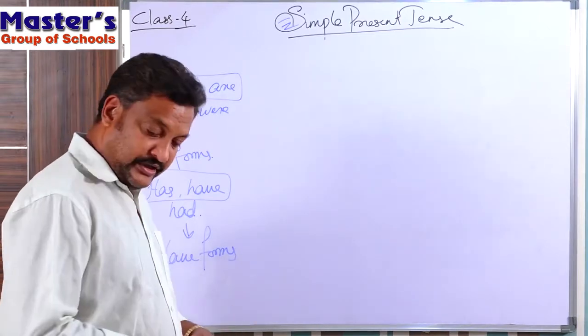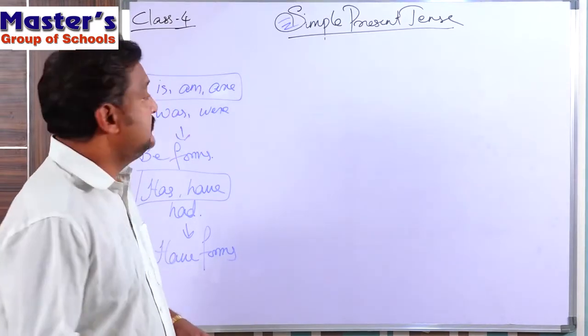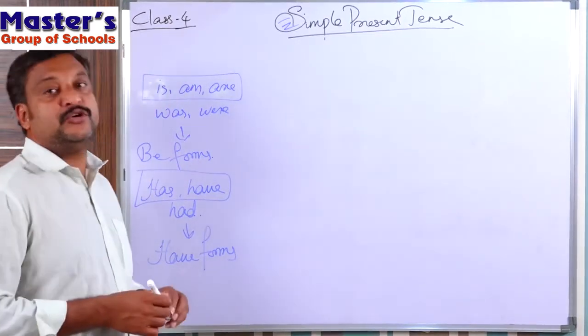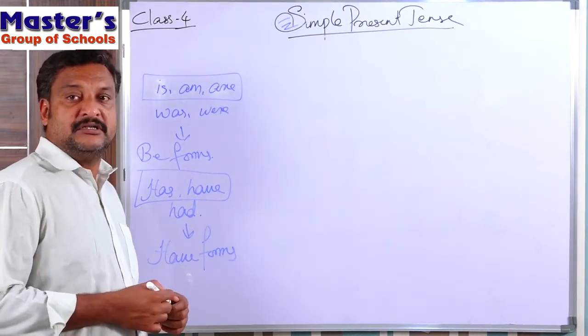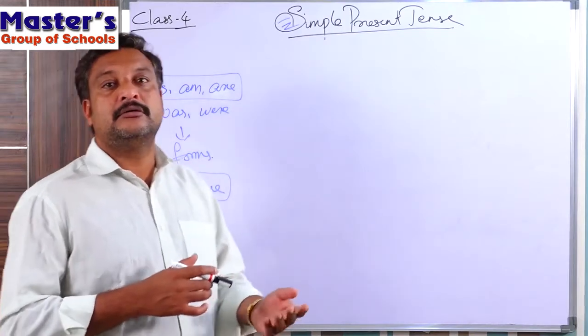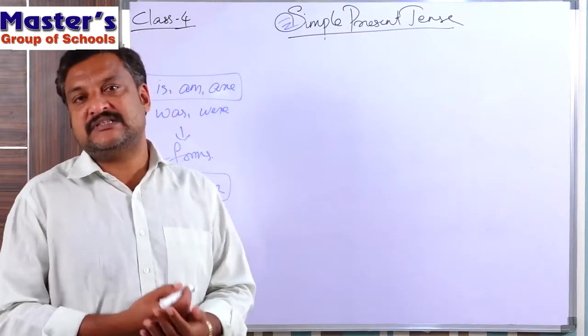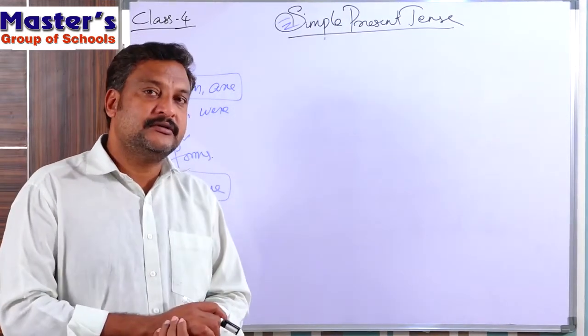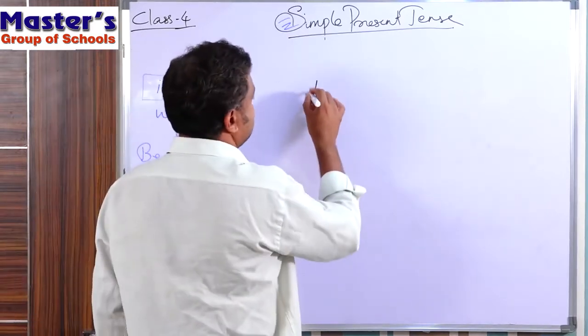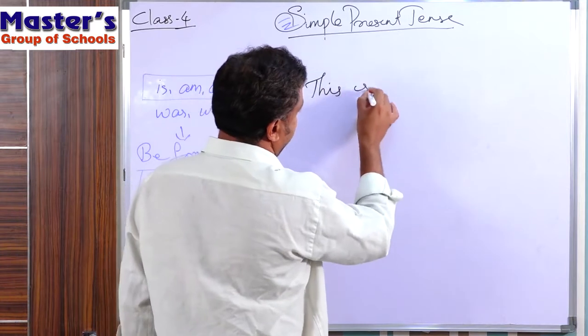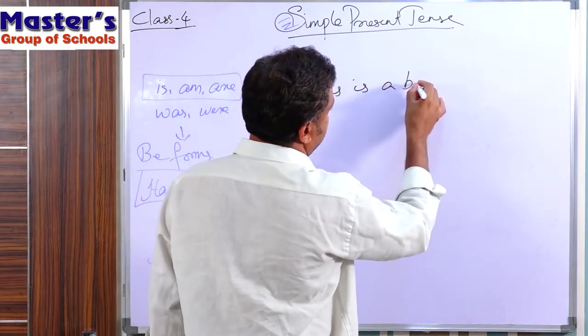Yes. Now, we need to learn that this can be used in negatives also. Negative means not. If we add not to a sentence, then we call that a negative sentence. For example, this is a book.